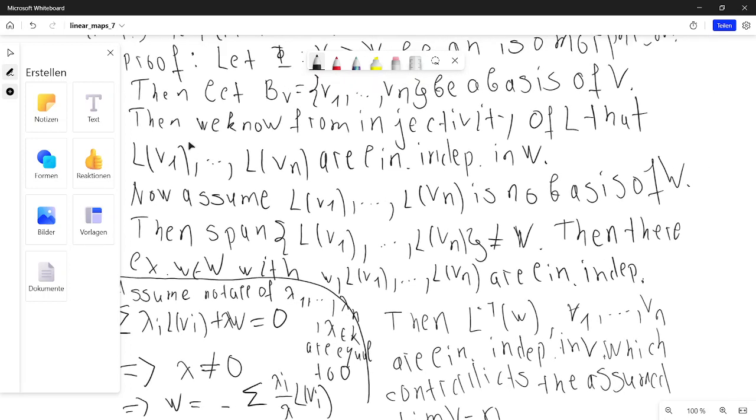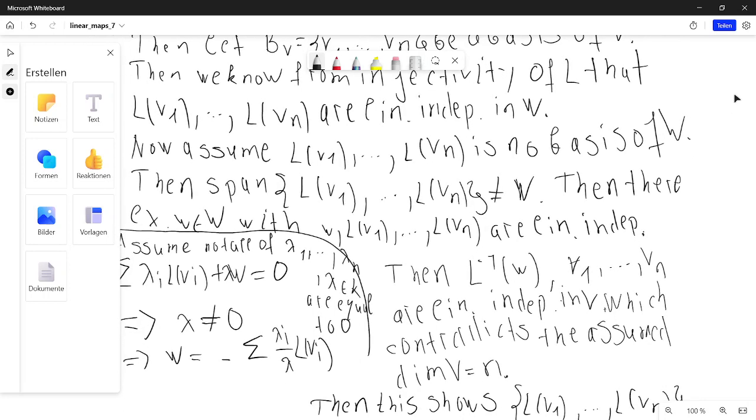So we took a basis, and we know from the injectivity of L, we had this theorem, right? That L of v1, L of vn are linearly independent in W. If we take finitely many linearly independent vectors in the domain space, and we map them by an injective linear map, then the images will be linearly independent in the image space.